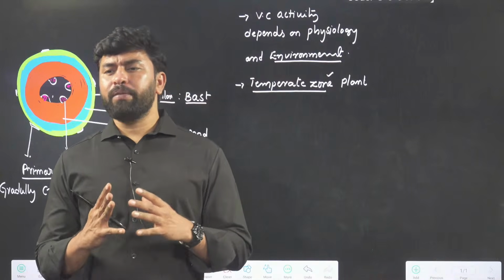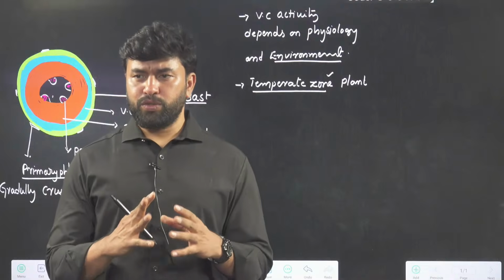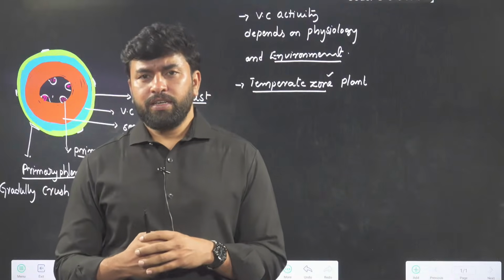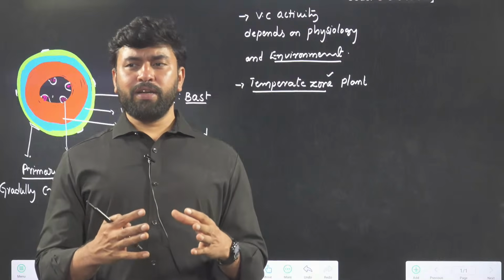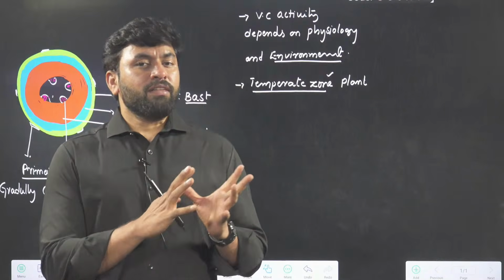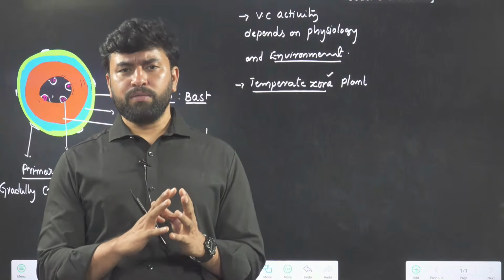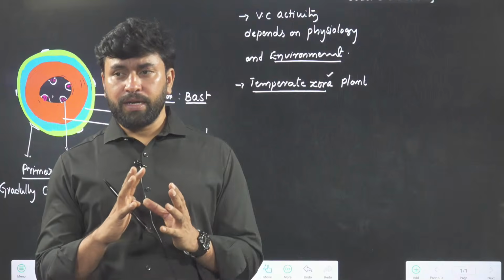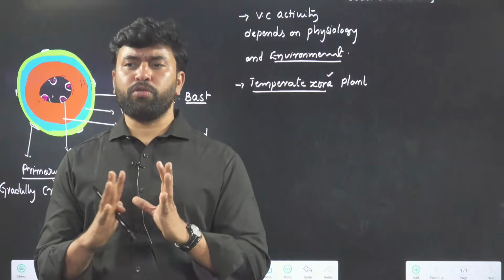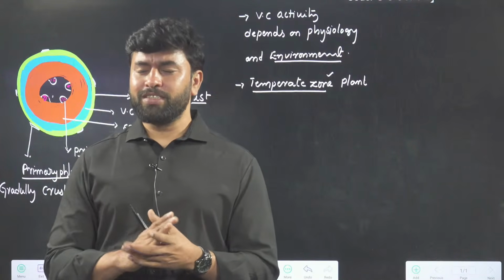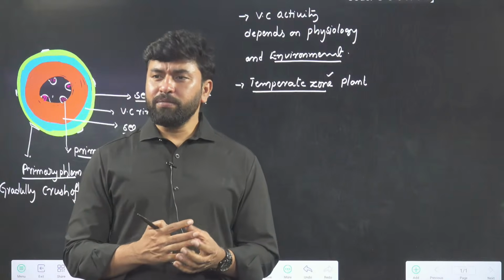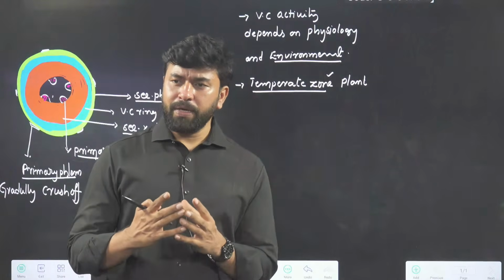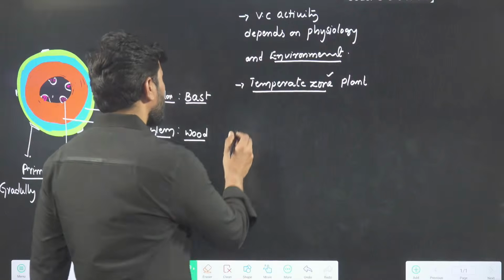That means cold climatic conditions are called temperate zone. But we are living in a subtropical zone. It's not completely tropical, it is not completely cold, but we have a subtropical climate, often denoted as tropical climate. You know what a tropical climate is? That's a hot climate.